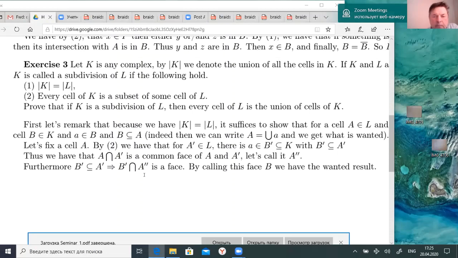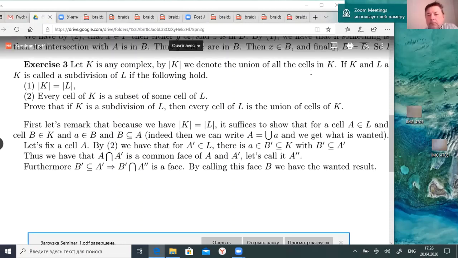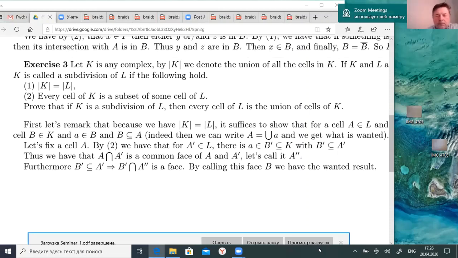Yes. So first, because of the subdivision, we have an equal number of cells. So we just need, by taking any cell A in L and a cell B in K, with B in A, to show that B is in A, and I think I should say that little a also belongs to big A. Yes, I forgot to write it.